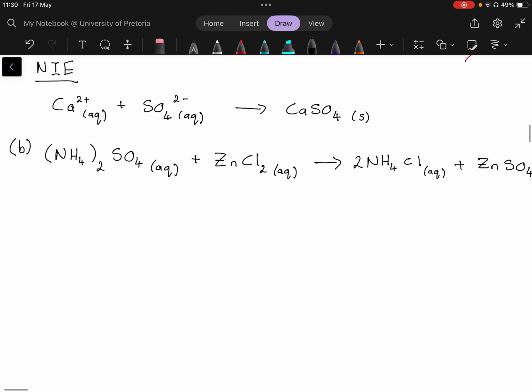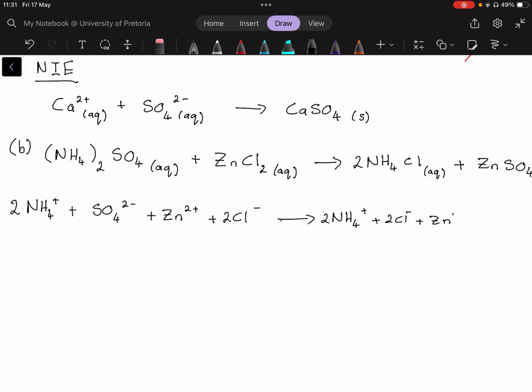Because if we split all of this to get our full ionic equation, we get 2 NH4+, SO4 2-, zinc 2+, 2 Cl-, giving us 2 NH4+, 2 Cl-, plus zinc 2+, SO4 2-.